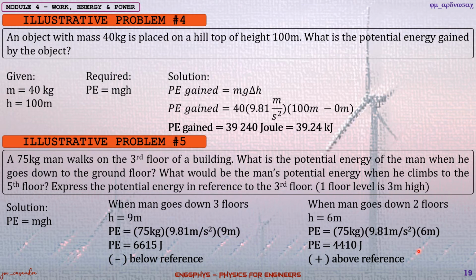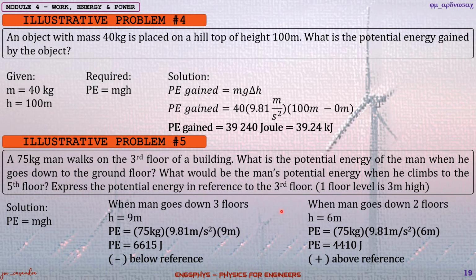Unlike if we are talking about work, if we are moving downwards, the work done by the gravity will be positive. And the work done when we are moving upwards by the gravity is negative.